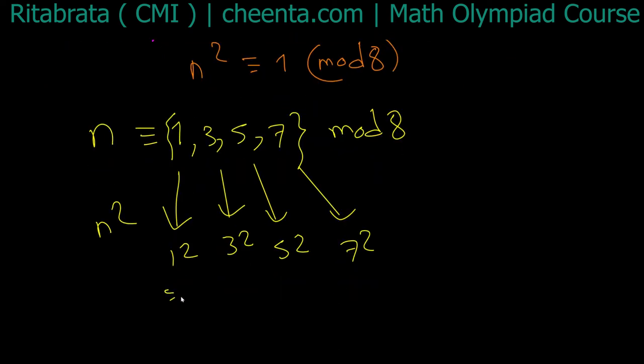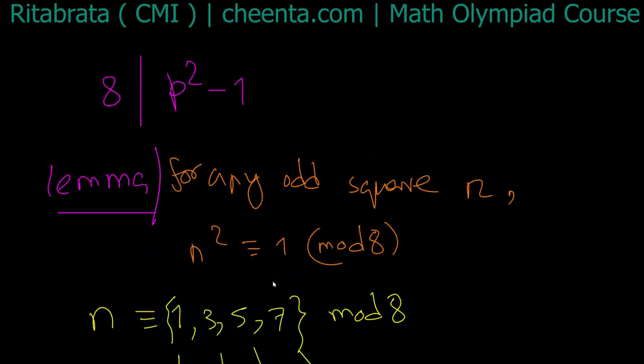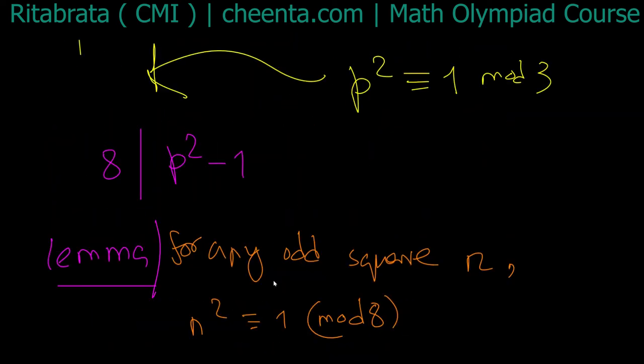And 1 square is 1. 9 is again congruent to 1 modulo 8, 25 is congruent to 1 modulo 8, 49 is also congruent to 1 modulo 8. So in all cases we get n square is congruent to 1 modulo 8. So n square minus 1 is always divisible by 8. So this is true.